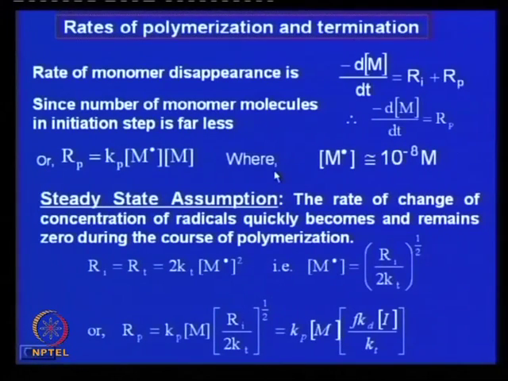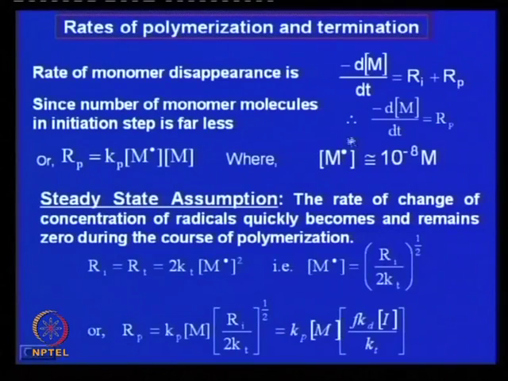It is so transient that once it is initiated, within a very short period it completes its growth and gets terminated, becomes dead. So, at any instant of time, if one measures the concentration of the growing chain radicals, it is very less, although it is very difficult to measure. There is no experimental technique available till date by which the concentration of such transient intermediate species can be evaluated.